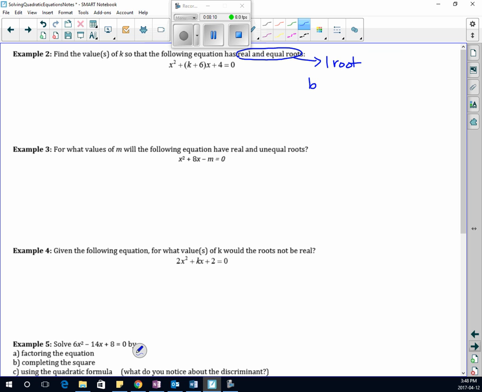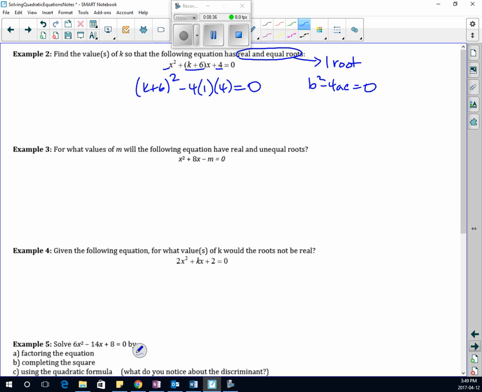That means b squared minus 4ac equals 0. So b squared is k plus 6 squared minus 4 times 1 times 4. Where am I getting this from? Here's my a, here's my b, here's my c. I'm just plugging it into the discriminant formula. And remember, in order for you to have 1 root, that means it equals 0.